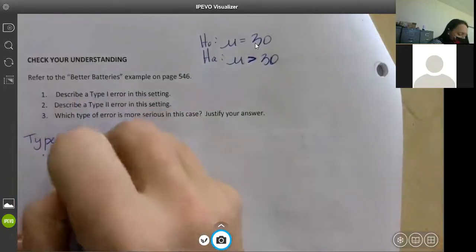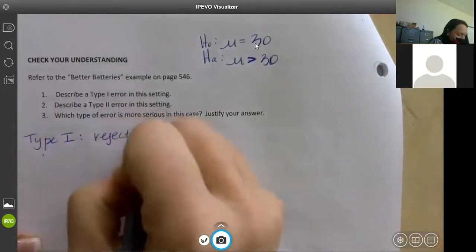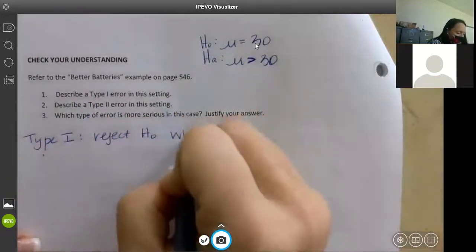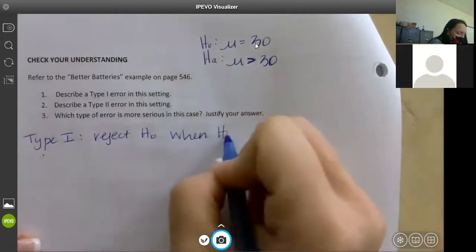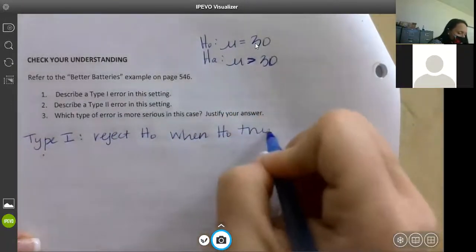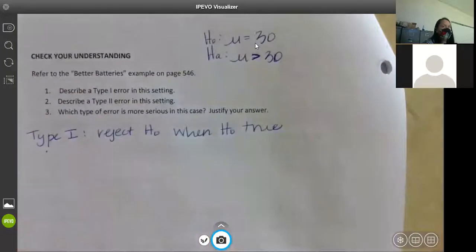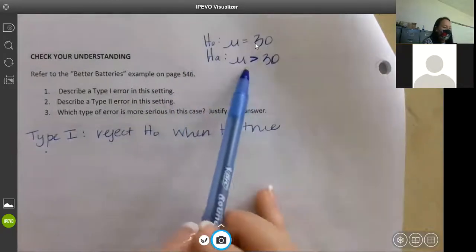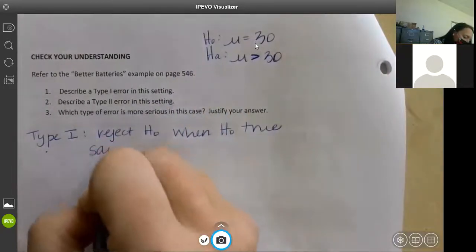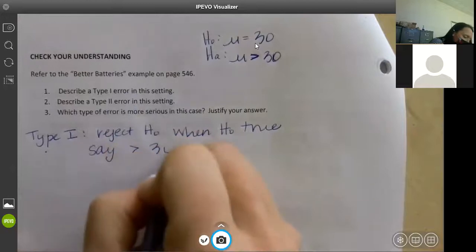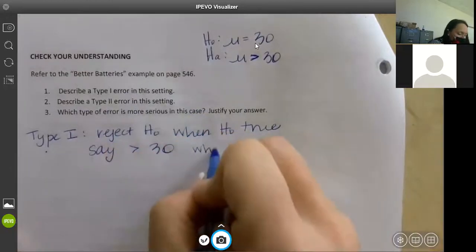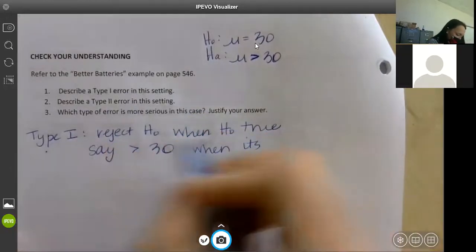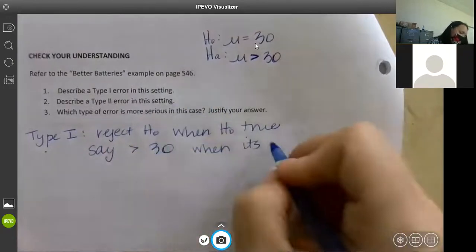Remember, type 1 is reject H sub O when H sub O is actually true. So if we reject H sub O, that means we kind of mark it out and we're looking at the other one. So we say that the battery life is greater than 30 when it's actually not.